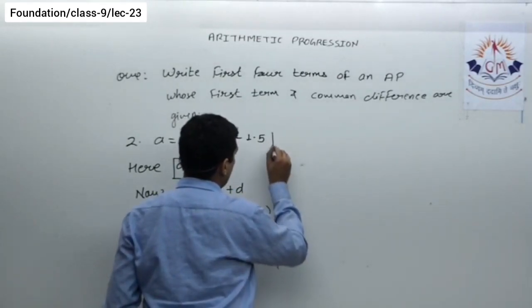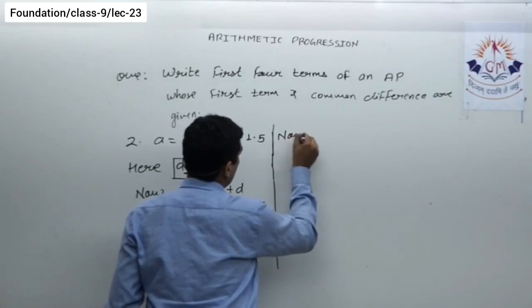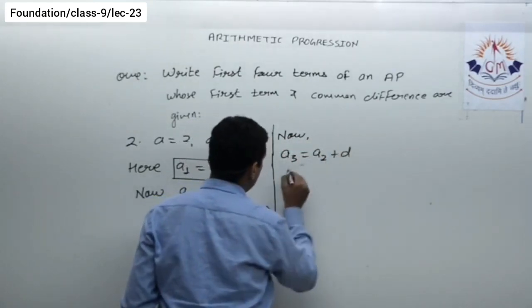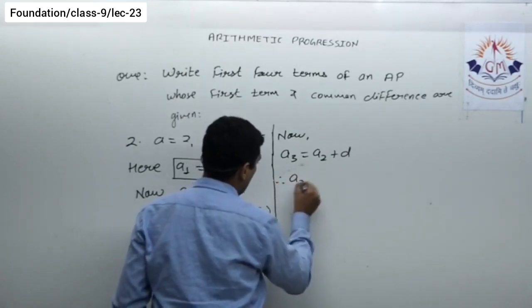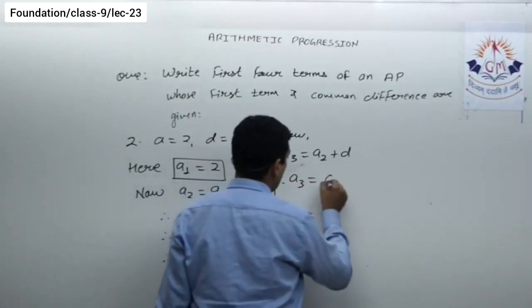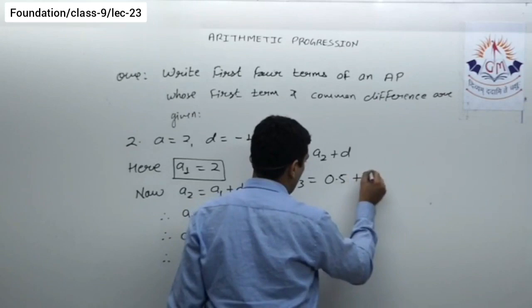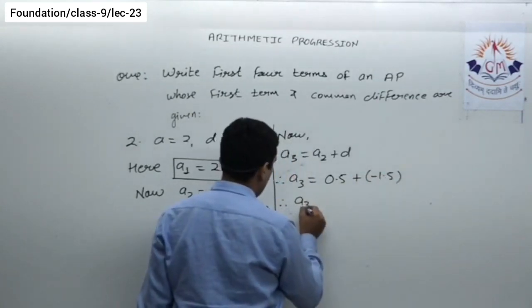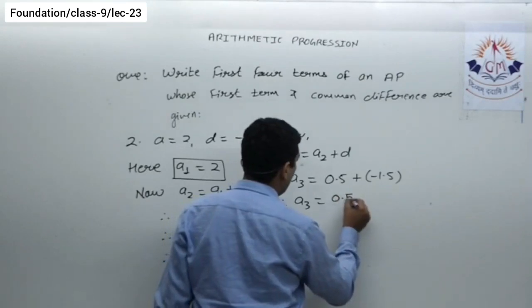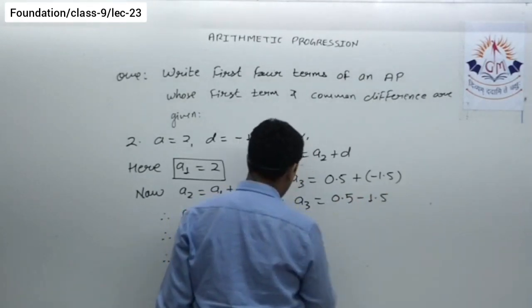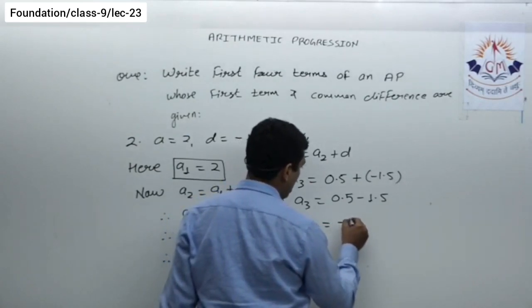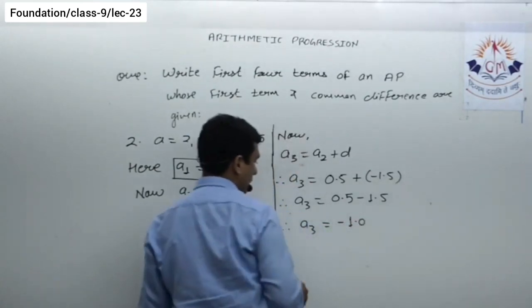Now we'll find a3. Now a3 is equal to a2 plus d, therefore a3 is equal to 0.5 plus minus 1.5, therefore a3 is equal to 0.5 minus 1.5. So a3 is equal to minus 1.0.